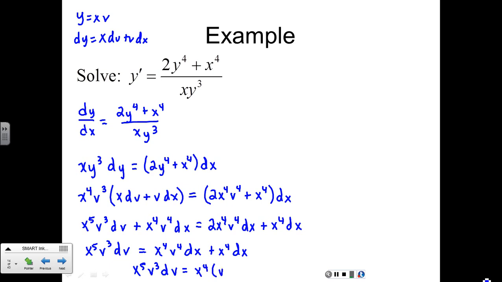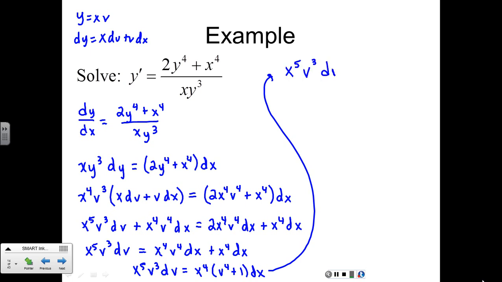So I have v to the fourth plus 1 dx. Okay, separation.